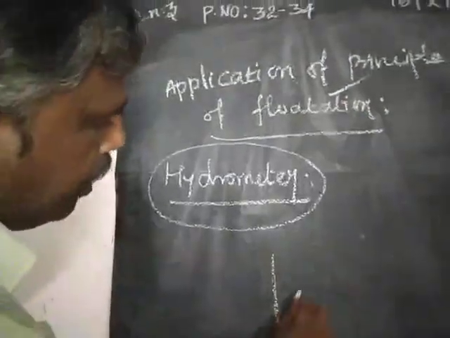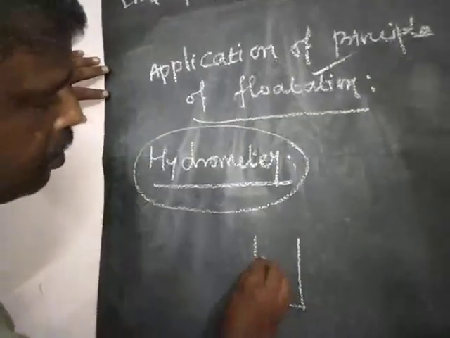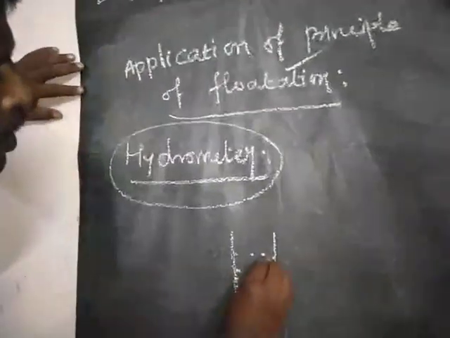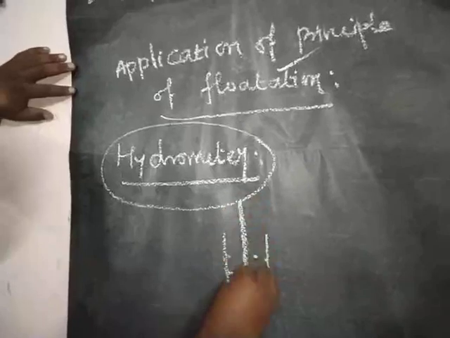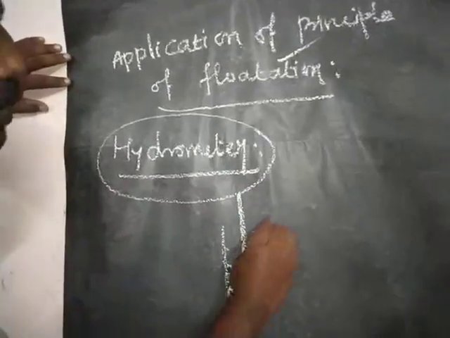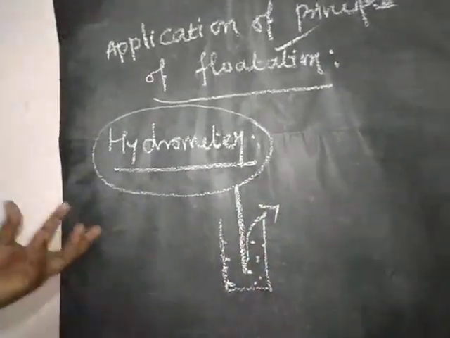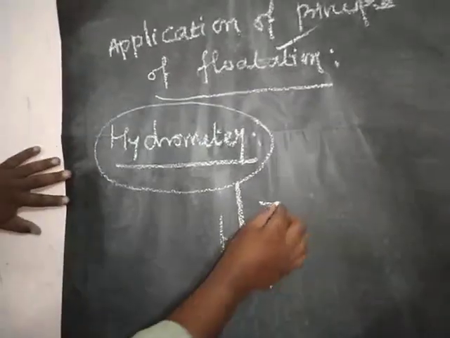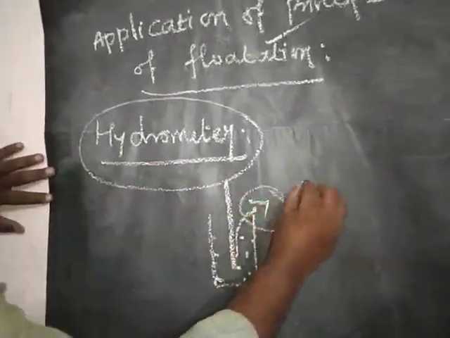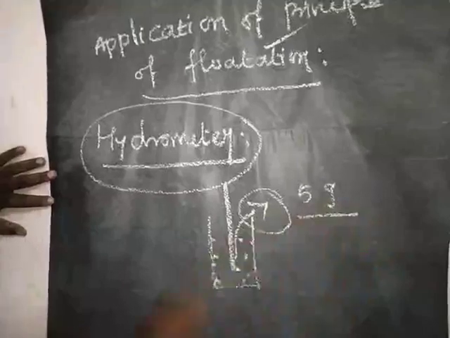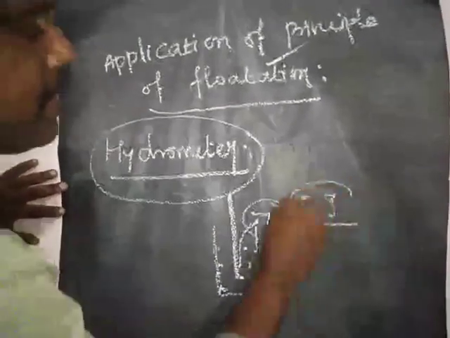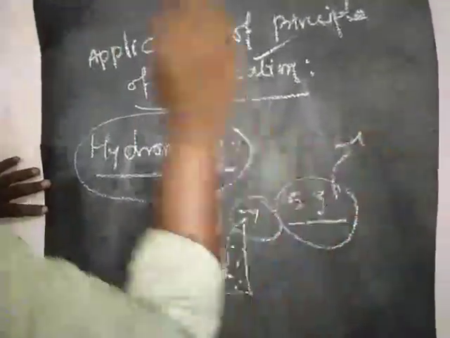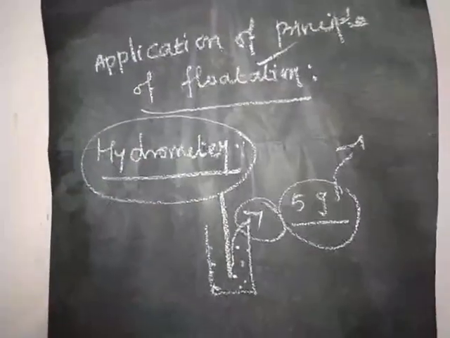Suppose we take a glass jar filled with water and insert the hydrometer. It will displace some amount of water. Suppose 5 grams of water comes outside. That 5 grams is the weight of the hydrometer.